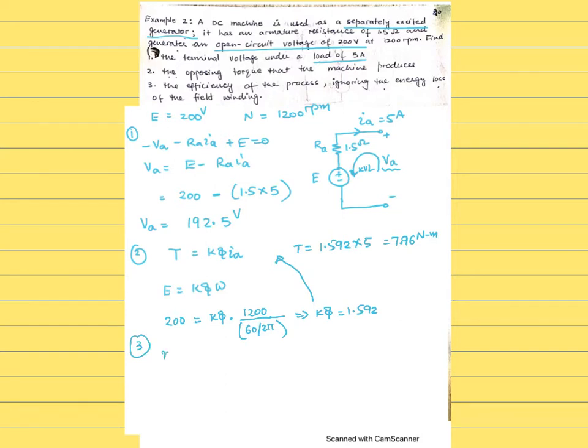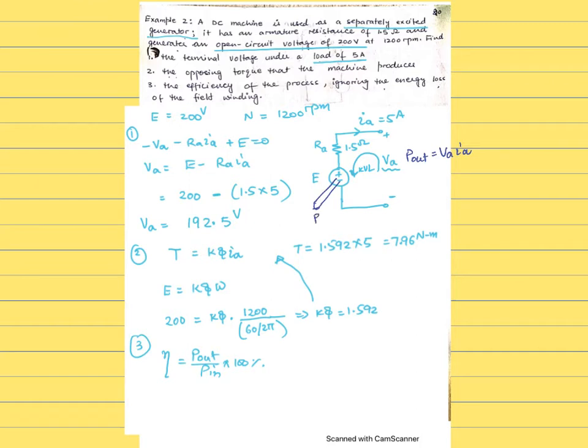Part 3 of the question is we're looking at the efficiency of the process, ignoring the energy loss of the field winding. So efficiency is given by the output power to the input power ratio in all cases. Now this is the generator. So for a generator, the output is here, and again you connect it to the shaft.